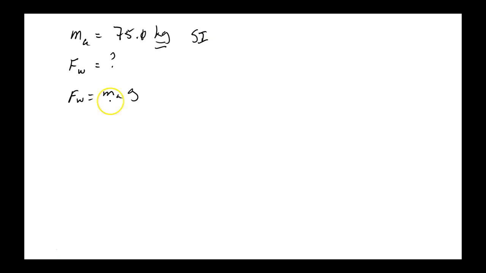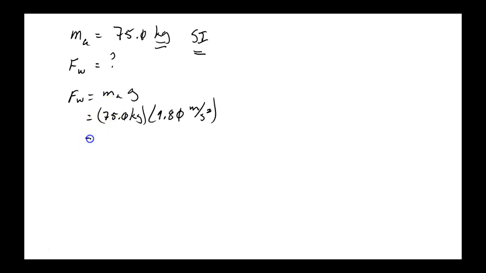Since we're in that system, we'll use the mass of the astronaut of 75.0 kilograms. What is g in the SI units? 9.80 meters per second squared. Excellent. That's the acceleration due to gravity that's pulling us downward.